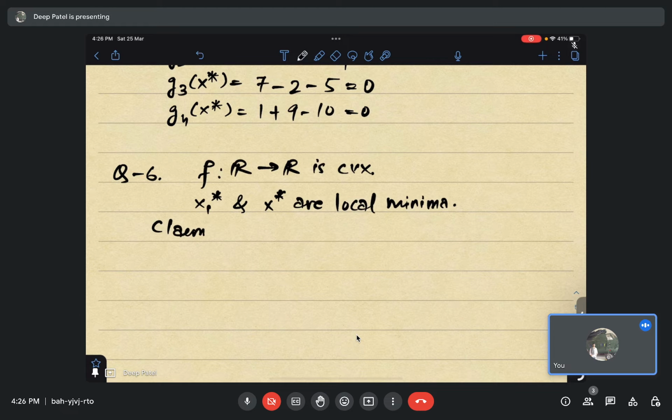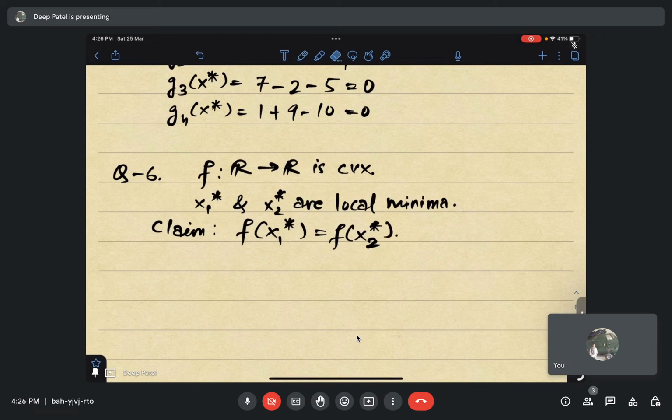The claim is that the values are equal. So x1 and x2. Is this true or false? This should be true.